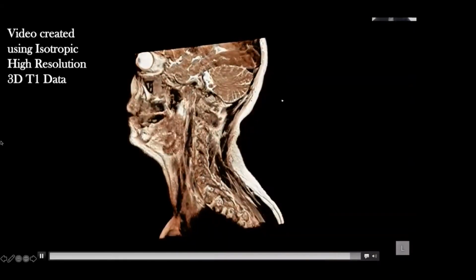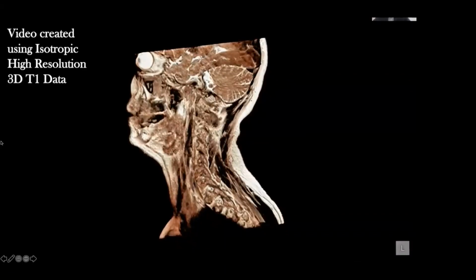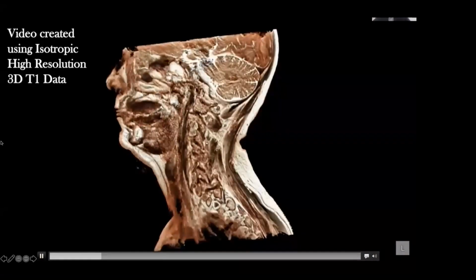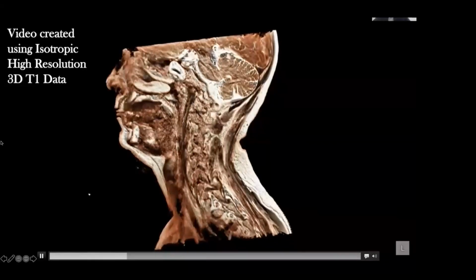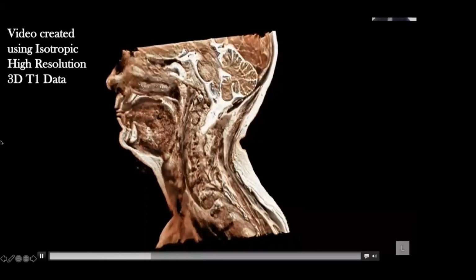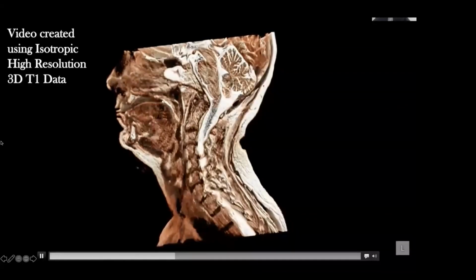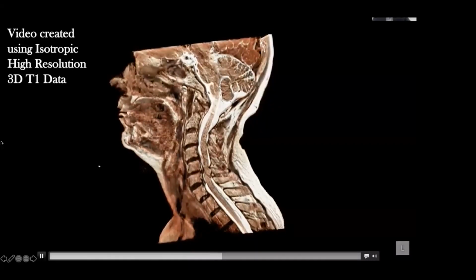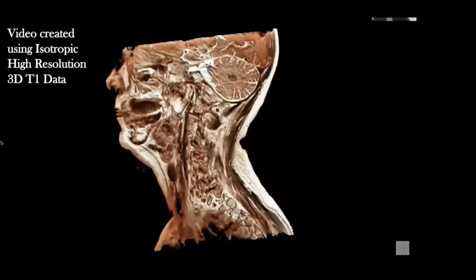And this kind of takes me back to that sense of slicing through a real life specimen and actually seeing what the gross anatomy really looks like. I don't know if you guys get that sense as well, or maybe that's just me being old and sentimental, or not, as the case may be.